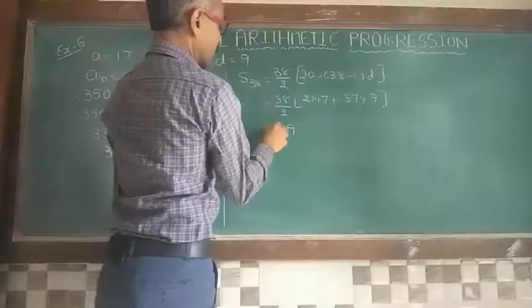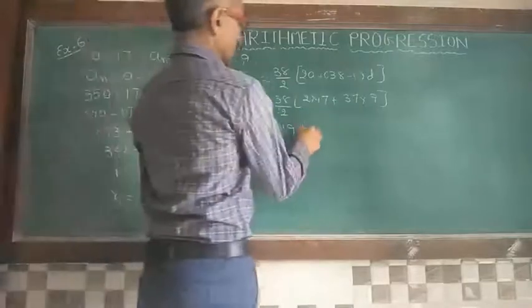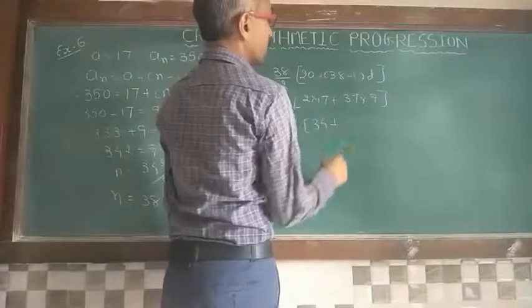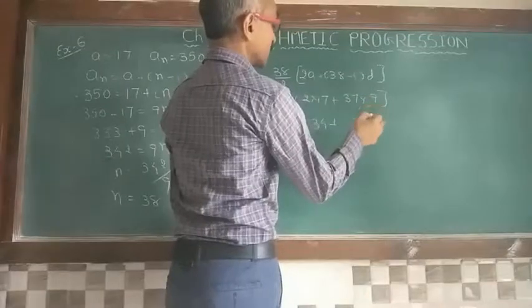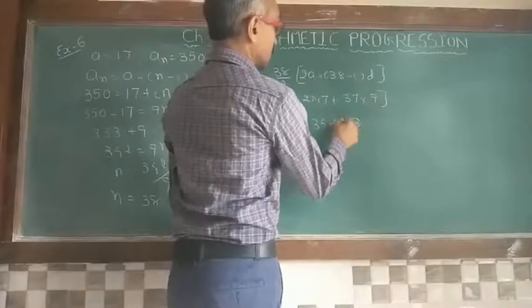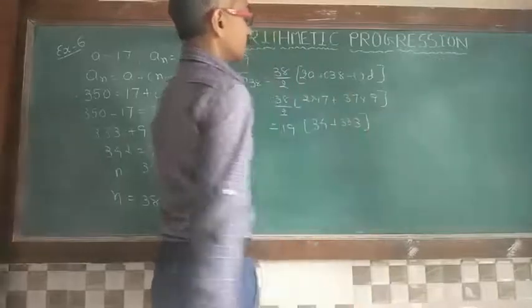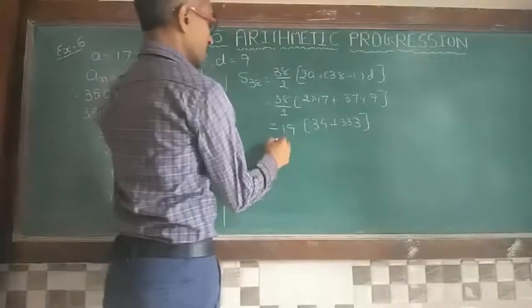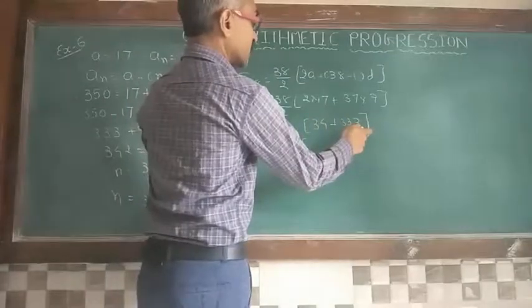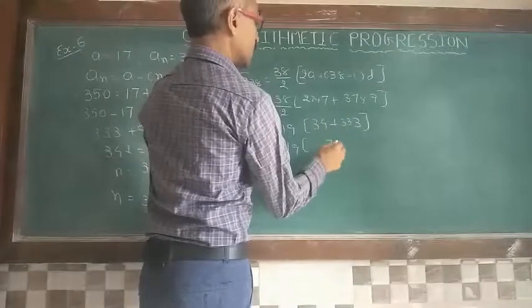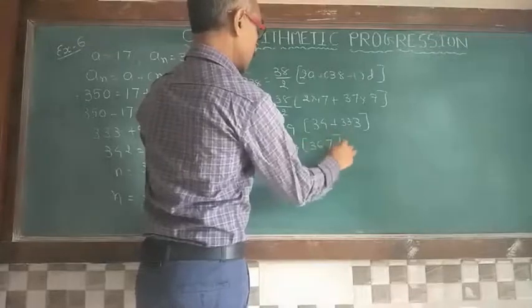So here 38 by 2, that is 19, into 34 plus 37 into 9, that is 333. So 19 into 34 plus 333, that is 367.